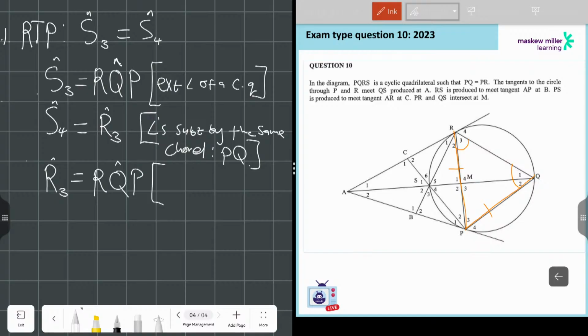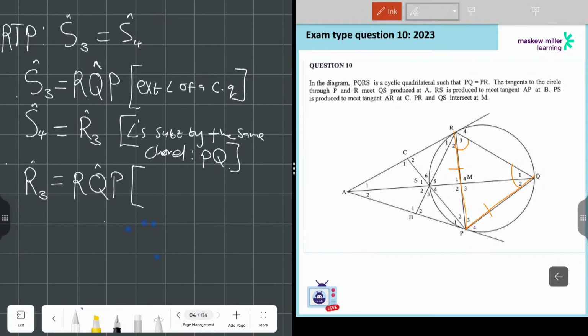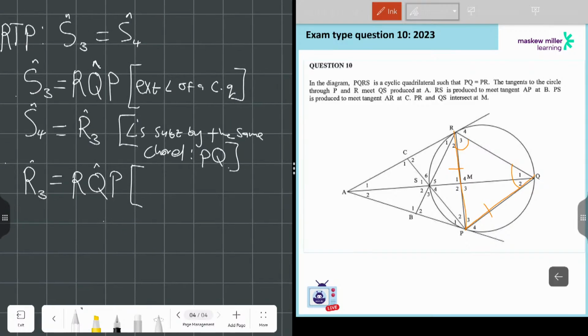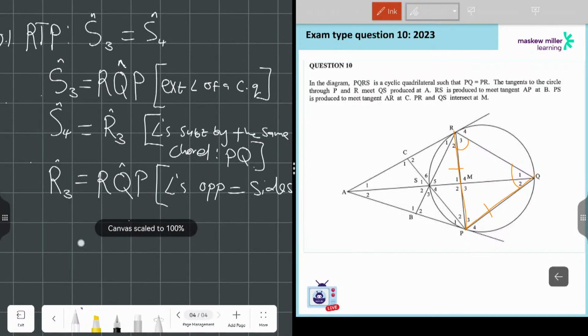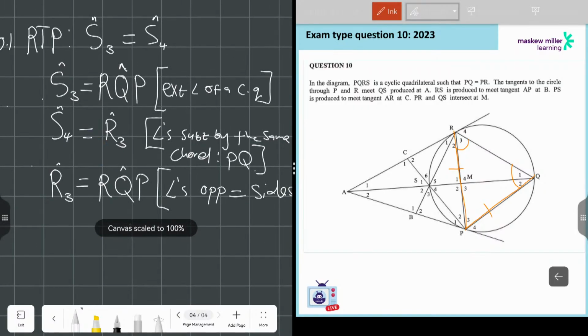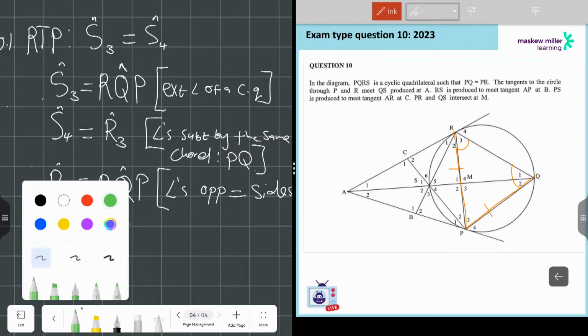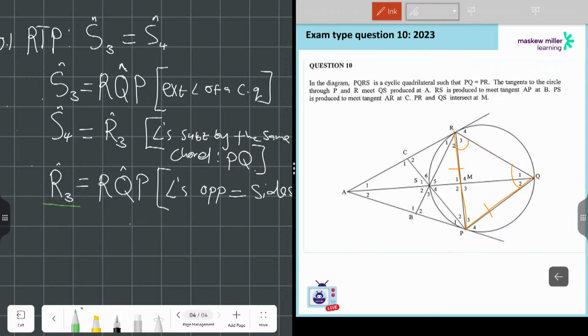Not really, because saying given is not a real statement, although we know that we are given that PQ equals PR. So for our reason, we're going to say these are angles opposite equal sides. They have to be equal as well. So when you get that, you can see that it means something. Let's see. I have my R3 there, and I also have my R3 there.